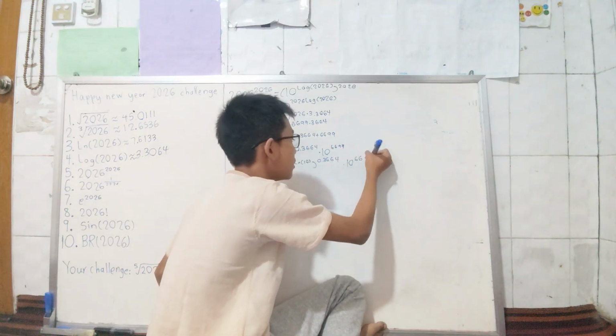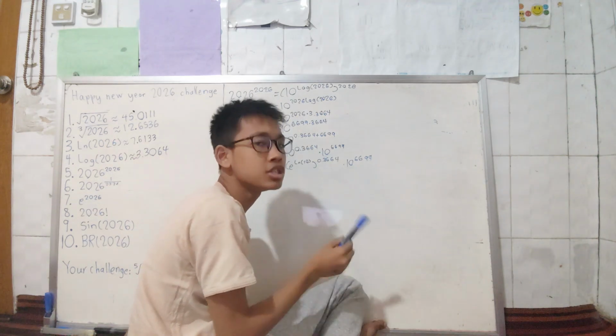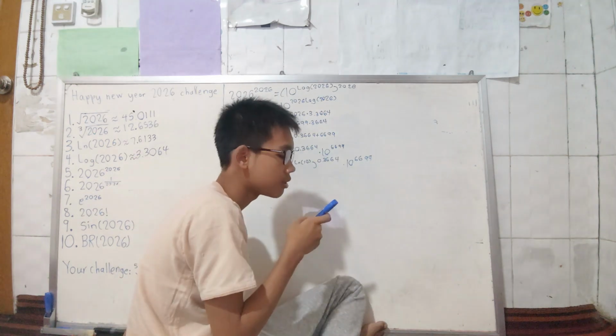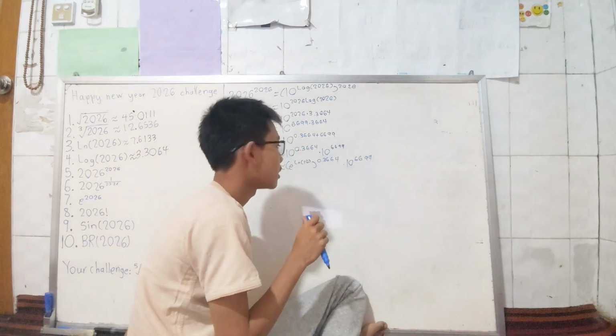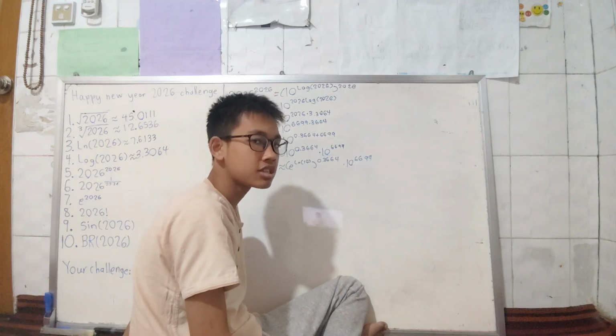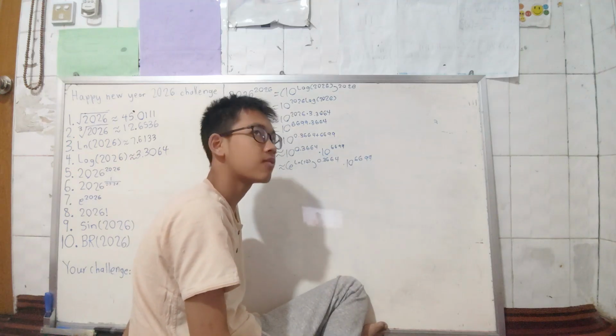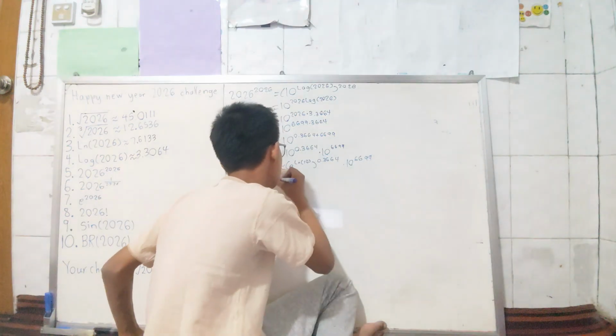I'm not trying to calculate this by using a calculator. Okay, that will be cheating, and this challenge will be ruined. I don't want to ruin the challenge, so I'm only trying to calculate this by hand, as I promised before in the beginning of this video. So let's continue anyway.